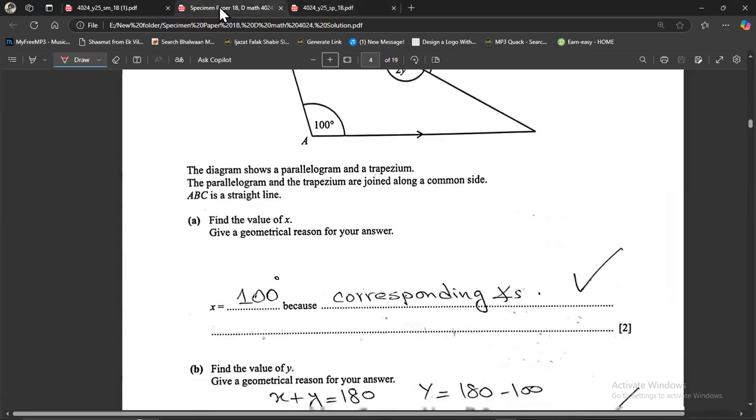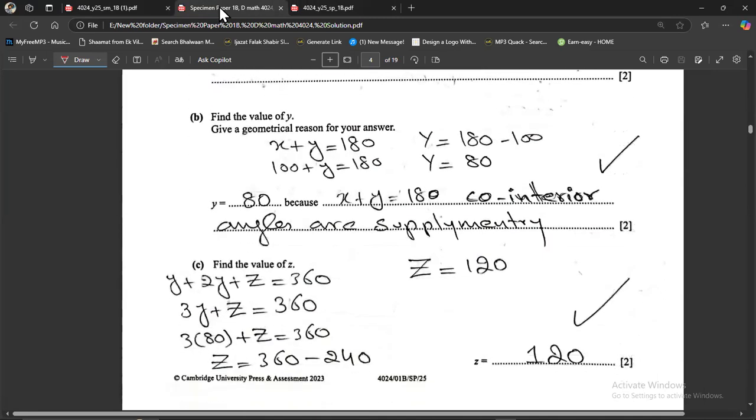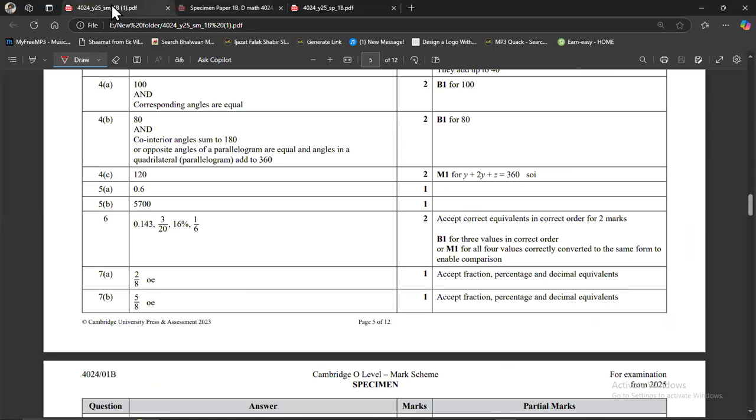So we will write this: to find the value of y, x plus y equals 180, and the reason is x and y are co-interior angles and they are supplementary, so their sum is 180. So x is 100, so 100 plus y is equal to 180, so y will be equal to 180 minus 100, so y will be equal to 80. So the value of y is 80 degrees.